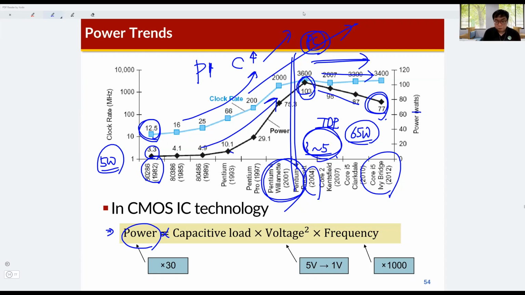The power consumption of a CMOS circuit is proportional to the capacitive load, that is the capacitance of a circuit, and the square of the supply voltage, and the clock frequency. That is the equation of power consumption of CMOS circuits, so digital circuits.